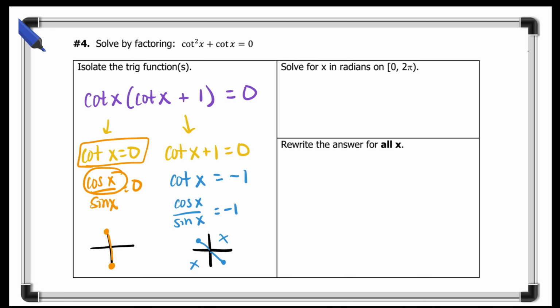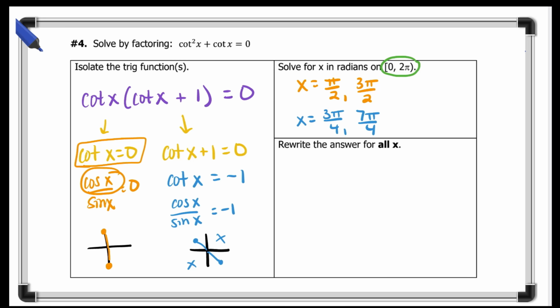With my orange, I have my two angles, pi over 2 and 3 pi over 2. And in my blue, I have my two angles, 3 pi over 4 and 7 pi over 4. Remembering that our solutions are in radians and in the interval from 0 to 2 pi, but not including 2 pi, here are my values for x.